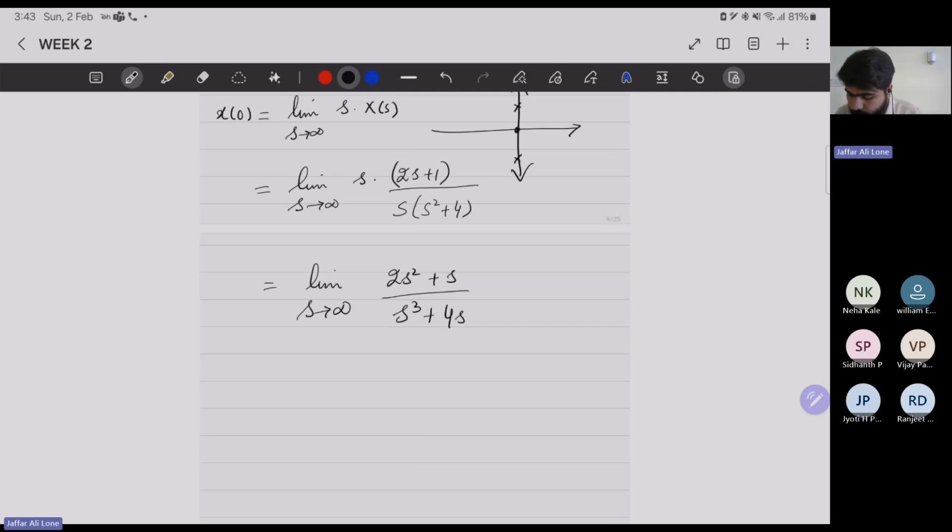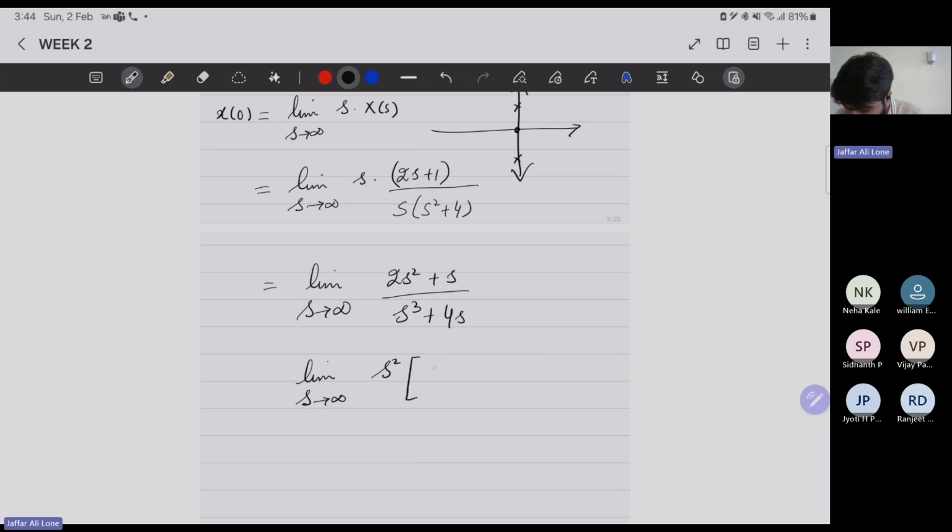We have to take things common. We take s square as common.